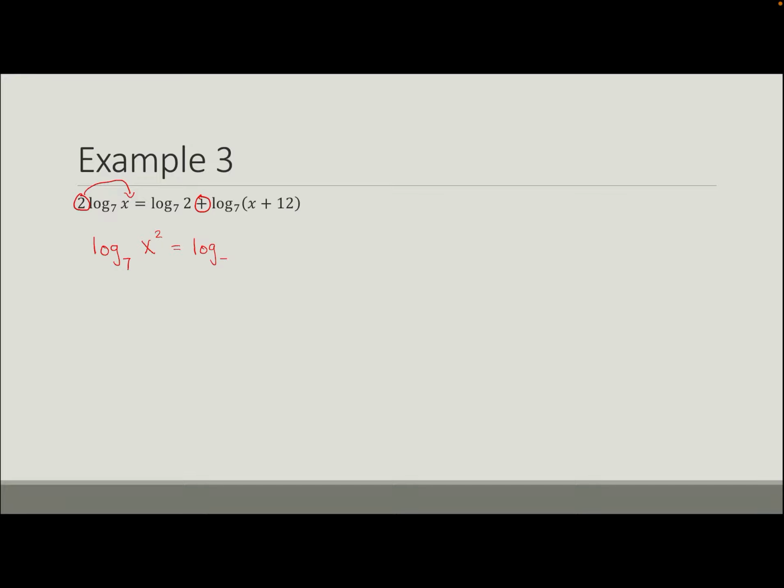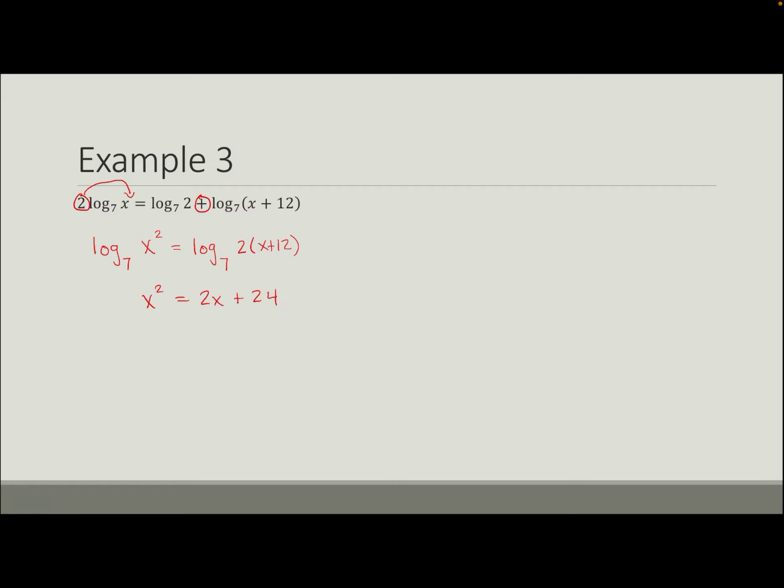So we're going to get log base 7 of 2 times x plus 12. And now we have condensed our logarithms to 1 on each side, so we can drop the logarithms. So we get x squared equals 2 times x plus 12, which is just 2x plus 24.